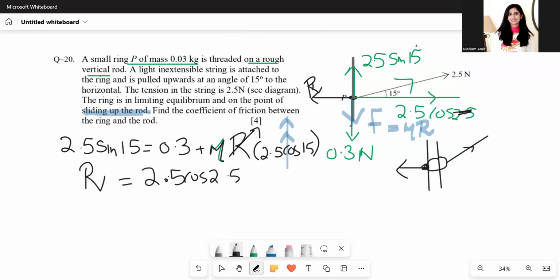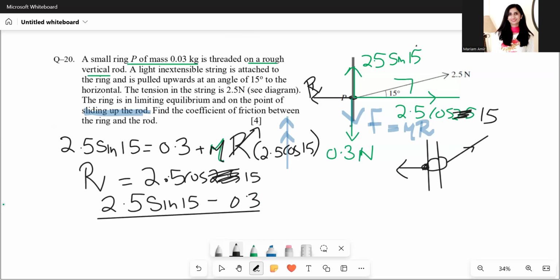Sorry, this was 50. Okay, so the value of mu is going to be 2.5 sine 50 minus 0.3 divided by 2.5 cos 50. And that comes out to be 0.144.